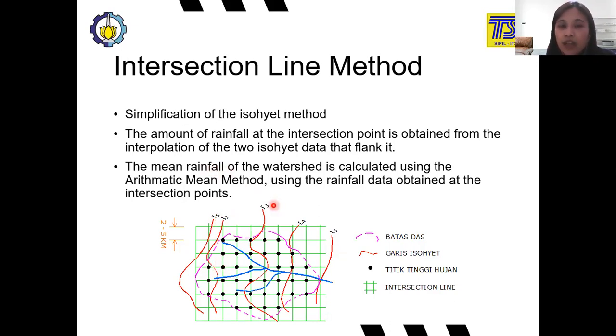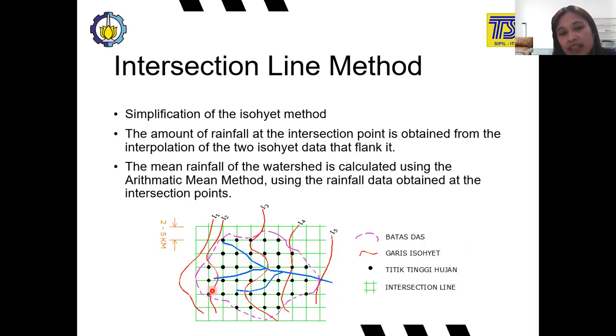The mean rainfall of the watershed is calculated using the arithmetic mean method, using the rainfall data obtained at the intersection points. Here, for example, we have 3 intersection points. So we can calculate the average rainfall for this area by averaging the rainfall at these 3 points.